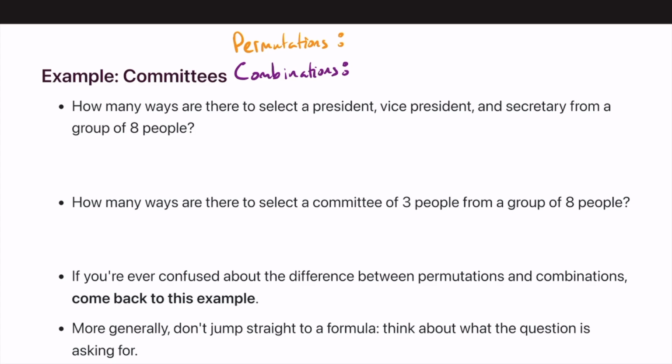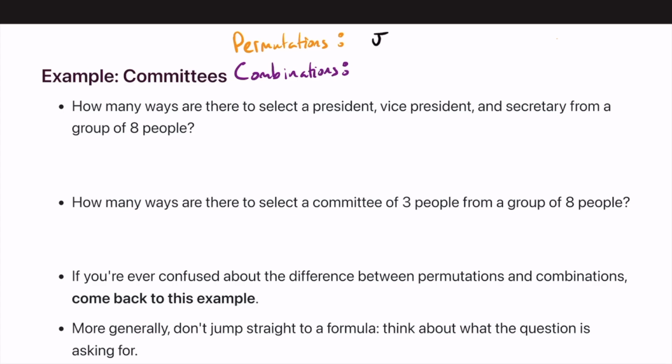So if we're going to do this with permutations, in the case where we have a president, vice president, and a secretary, let's assume we have 3 people.